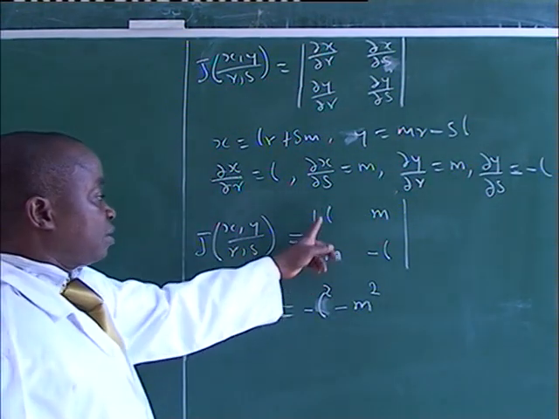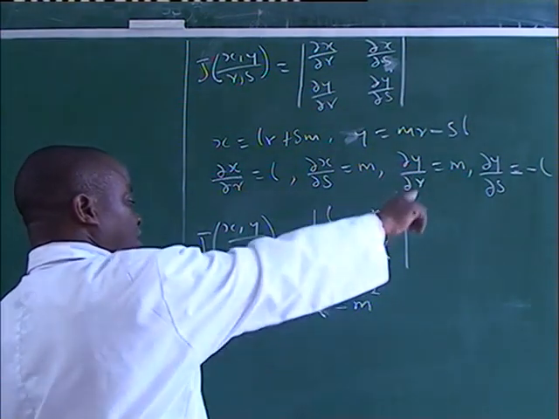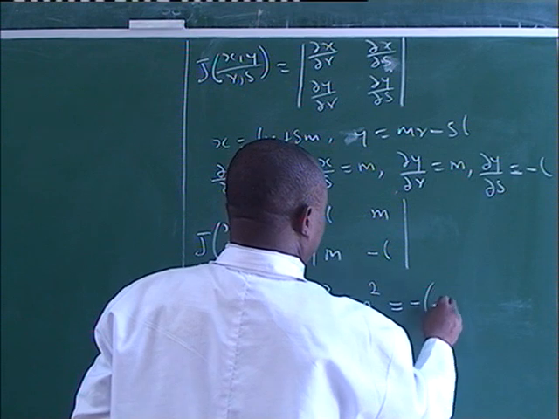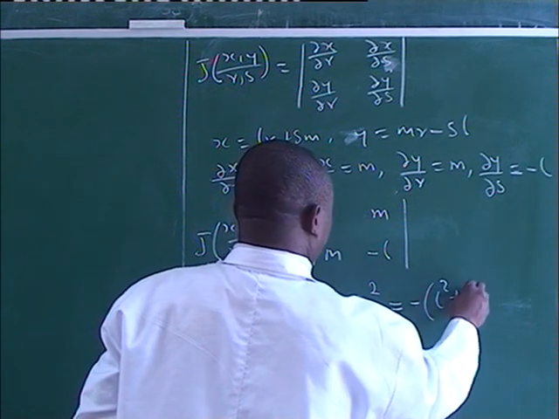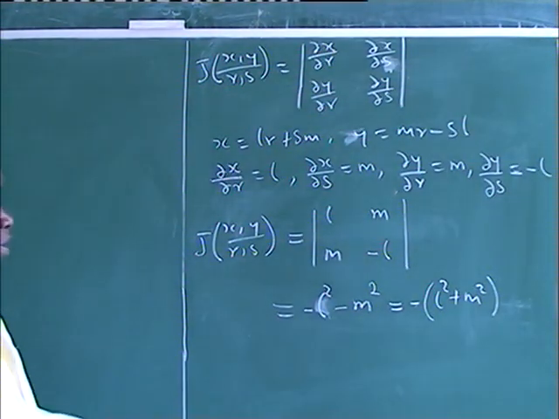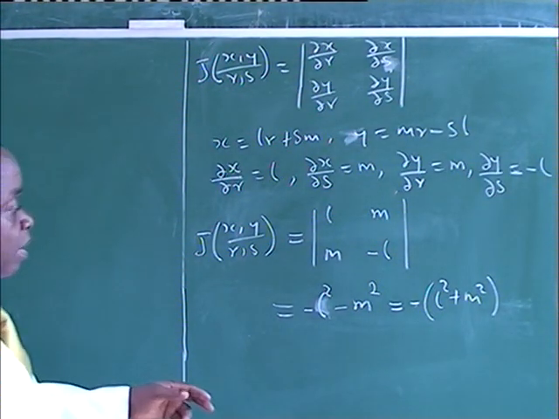Look at this, because this times this is minus, then when you go this way we have minus, which is the same thing as minus L squared plus M squared. You can write it that way also.